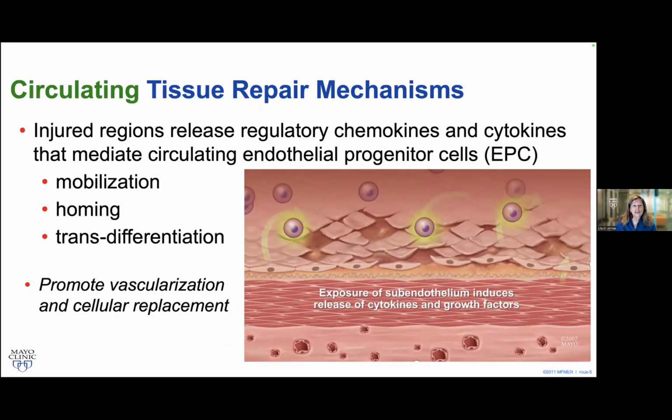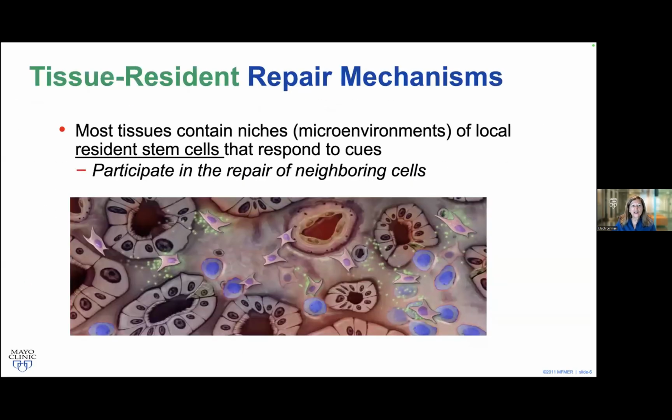In addition to the circulating system, there's also a tissue resident repair system. Most of the tissues contain niches of local resident stem cells that respond to local cues and subsequently participate in the repair of neighboring cells, primarily by the release of paracrine factors, such as anti-inflammatory factors and growth factors that can decrease inflammation and induce angiogenesis.